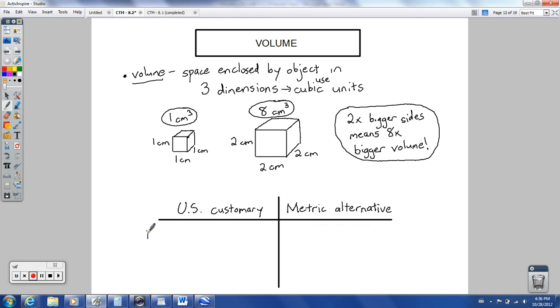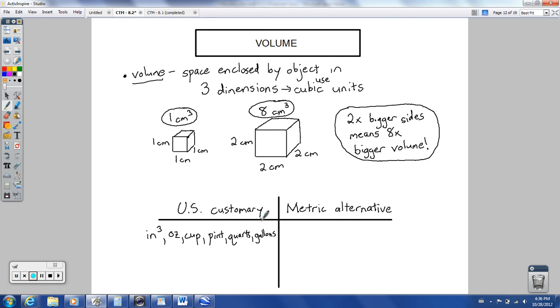So this would be inches cubed would be a US customary way to say volume. You could also see things like ounces. This would be more of a liquid measurement, but ounces, cups, pints, quarts, and even gallons. You would see that a lot.